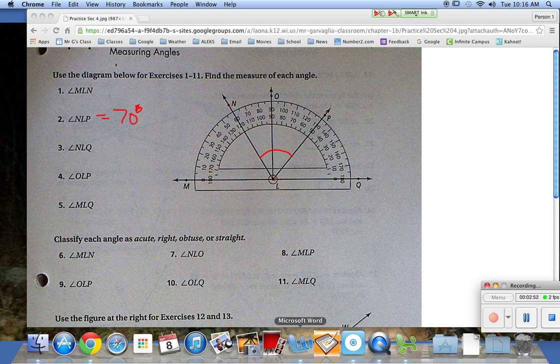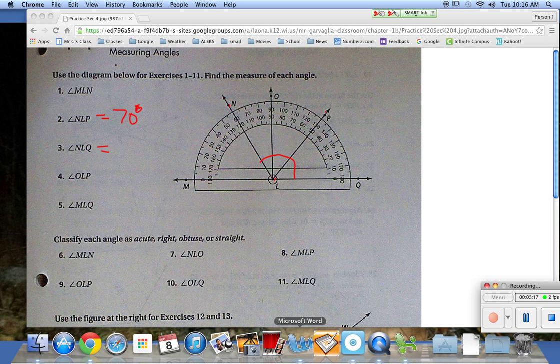Cade, I want to know what the degrees for this one is. Number 3, NLQ. NLQ. Now we got 2 ways we can do this. 120 degrees. Here's what you can do.